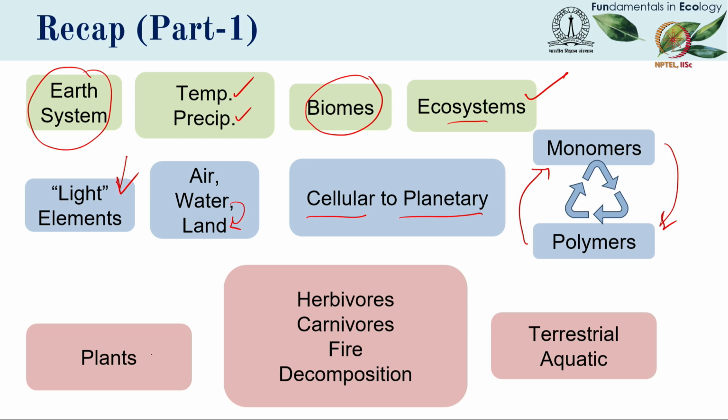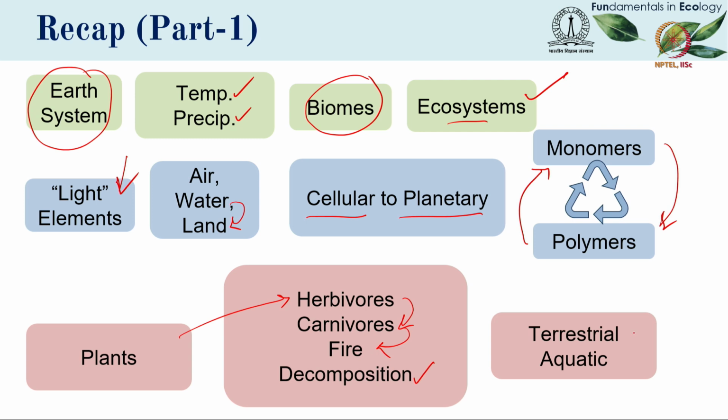Now plants are the ones who get these processes started, and then they are eaten by herbivores who release some of the molecules back into the atmosphere through respiration. Herbivores are in turn consumed by predators and carnivores. What is left behind is released as gases through fire, and if fire doesn't release everything, then the leftover material goes back into the atmosphere through the decomposers who work on the polymers and create building blocks again.